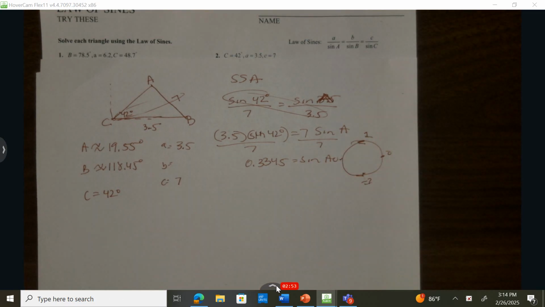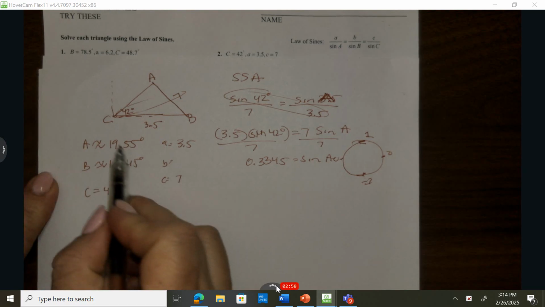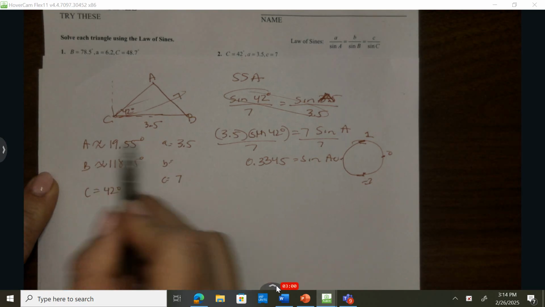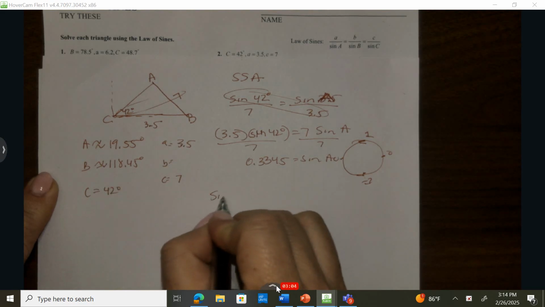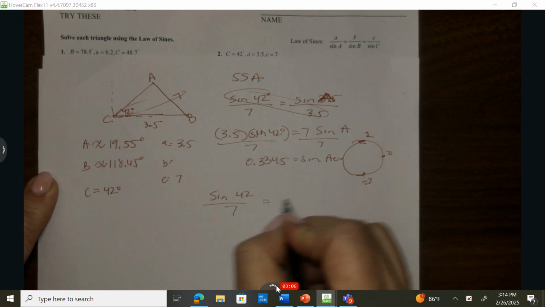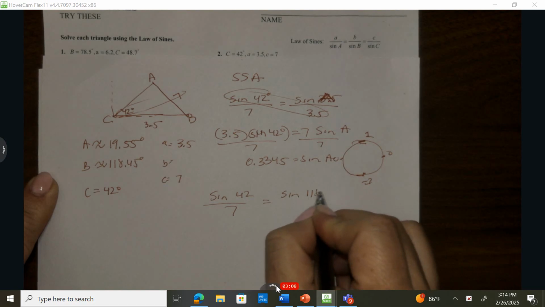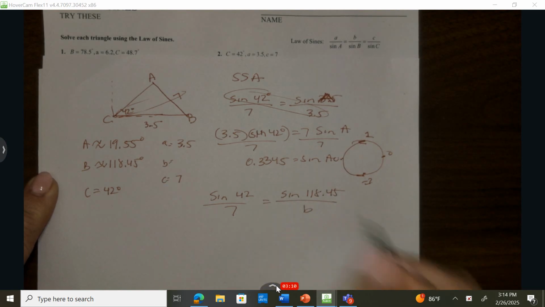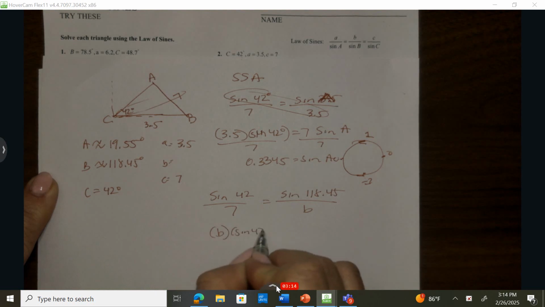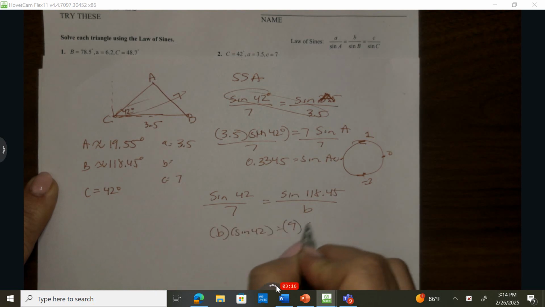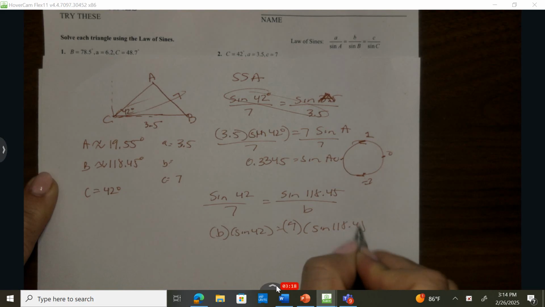We cannot use the Pythagorean theorem to find that missing side because it's not a right triangle. I don't want to use an angle on a corresponding side that is rounded. So I'm going to say the sine of 42 over 7 equals the sine of 118.45 over side B. So I'd have B times the sine of 42 equals 7 times the sine of 118.45.